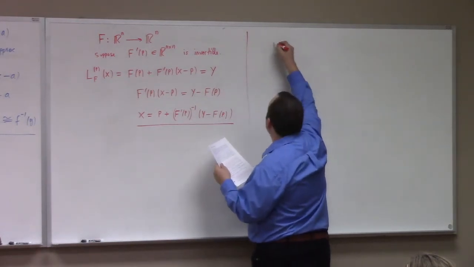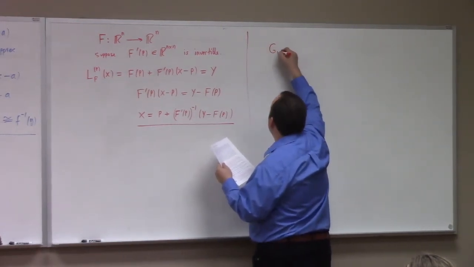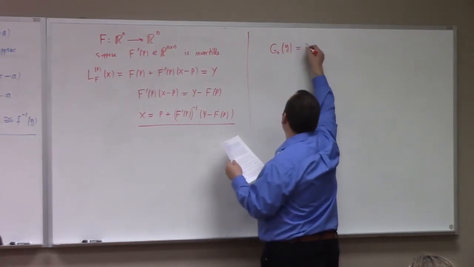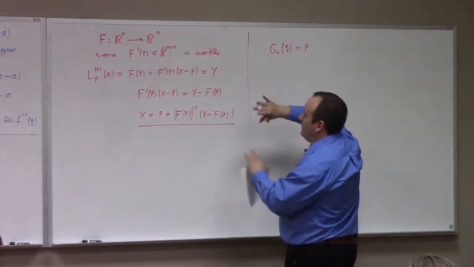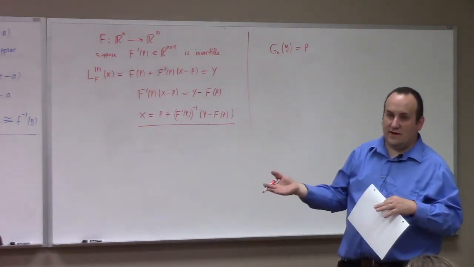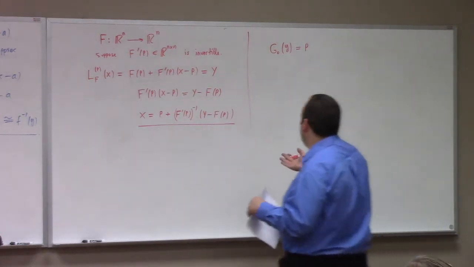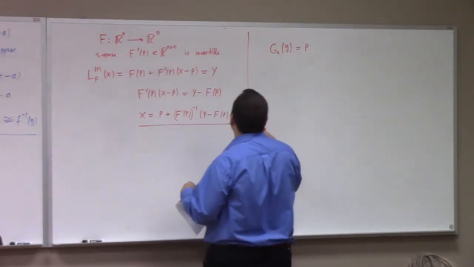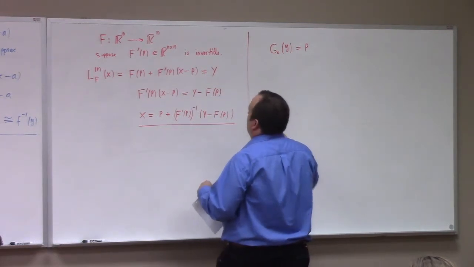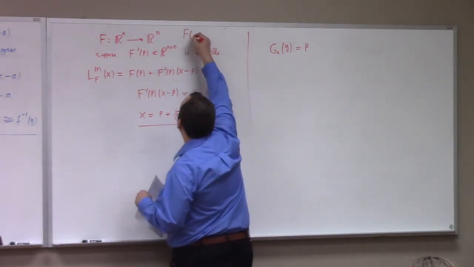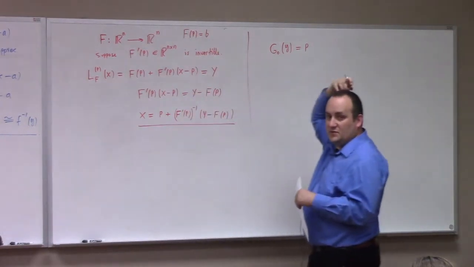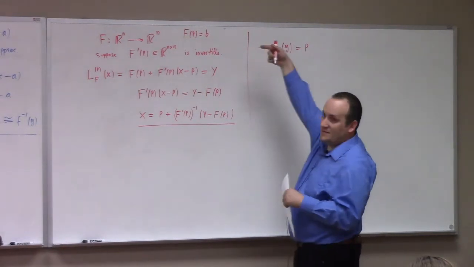So we would have G sub 0 of y equal to p. So this is even before this. What's the stupidest approximation you can come to? If I have f of p equals b, whatever that is, what's the stupidest inverse function that would approximate this?